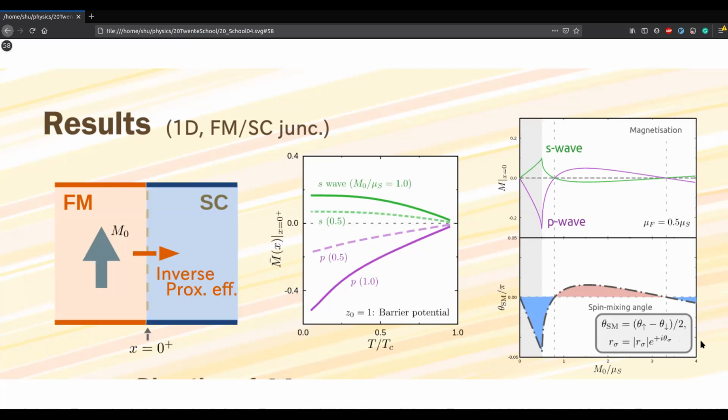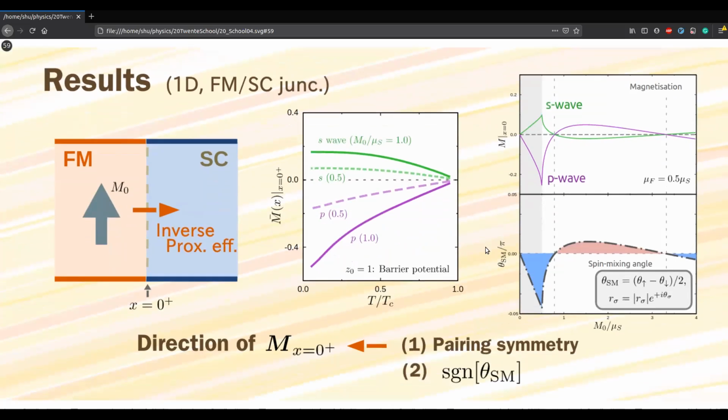The spin mixing angle can be defined by the phase difference of these two reflection coefficients. These two results tell us that the direction of the induced magnetization is determined by two factors. One is the pairing symmetry, and the other is the sign of the spin mixing angle.